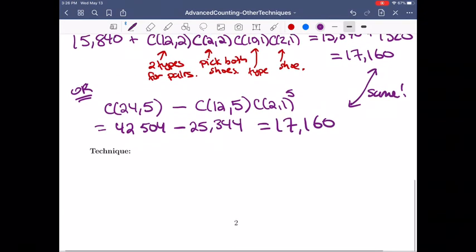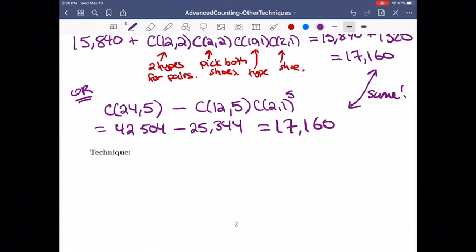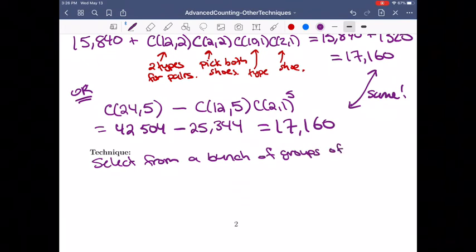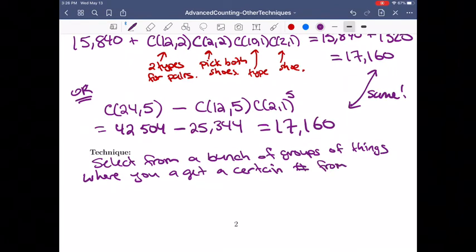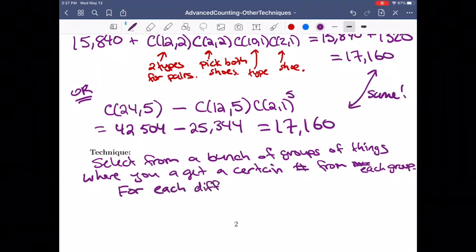So the technique here, forgetting the cases down below, is we want to select from a bunch of groups of things, where you get a certain number from each group.